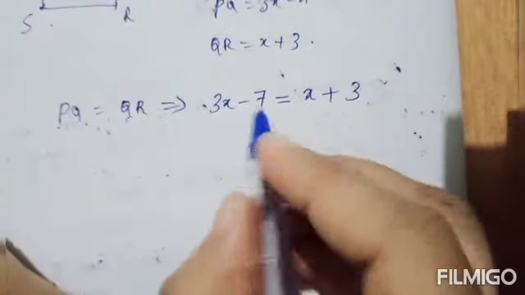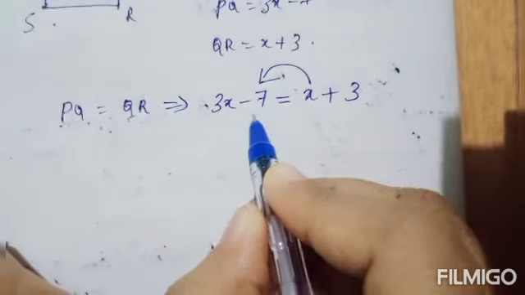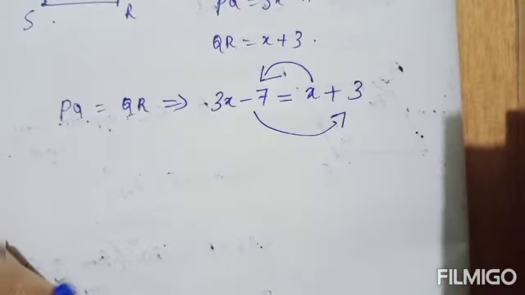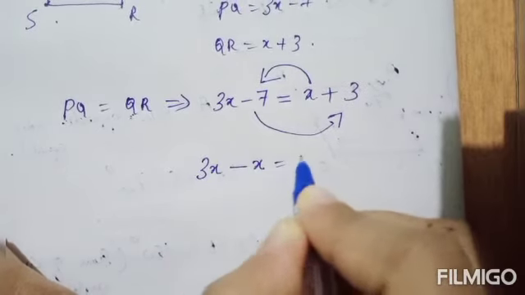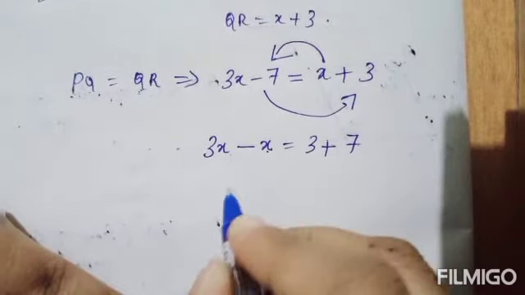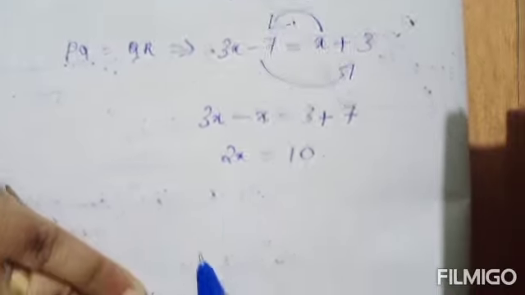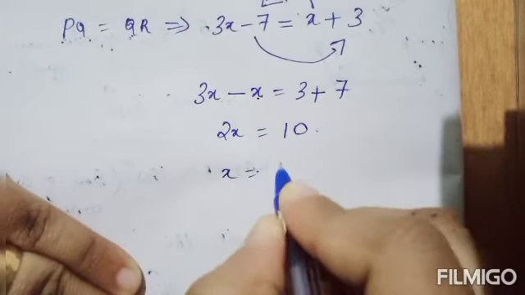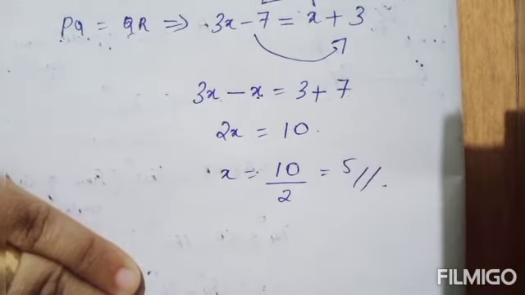So 3x, this x you can take to the left side, minus 7 you can take to the right side. So you will get 3x minus x equal to 3 plus 7. 3x minus x is 2x equal to 3 plus 7, 10. So how can you find x? x equal to 10 divided by 2, you will get 5.